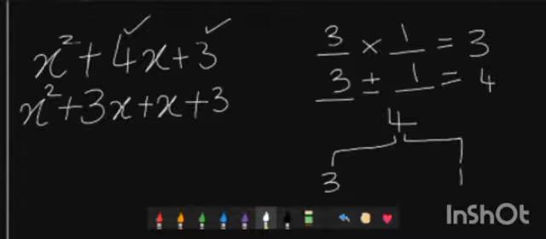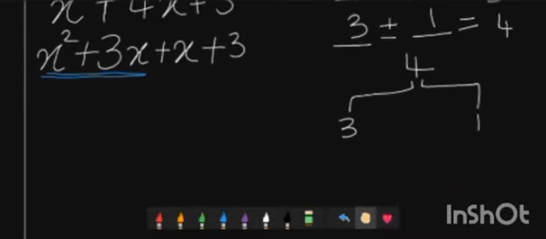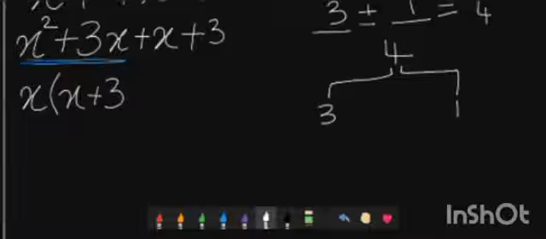We can see that there is a common thing between these two, which in this case is the variable x. So let's take x common, and we are left with x and 3. Over here, we take 1 common, because neither x nor 3 is common, and we write x plus 3 as it is in this bracket.